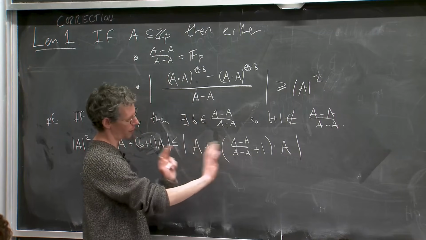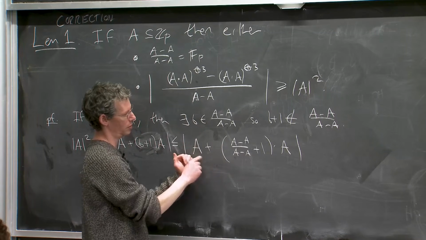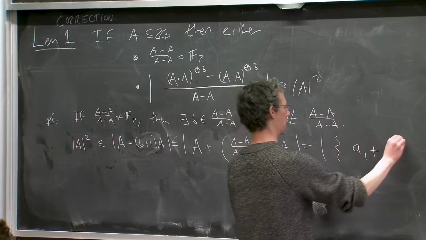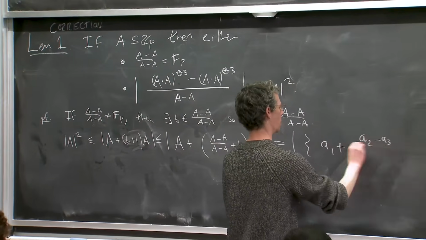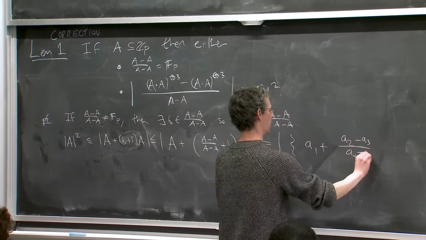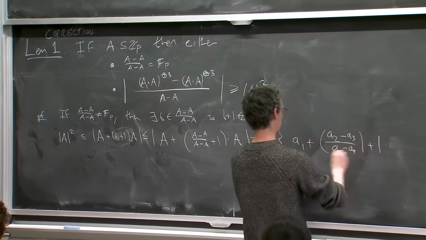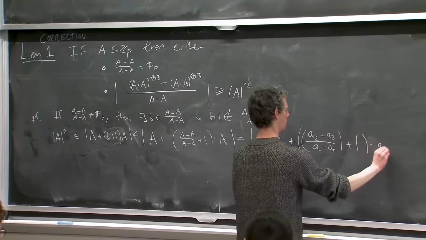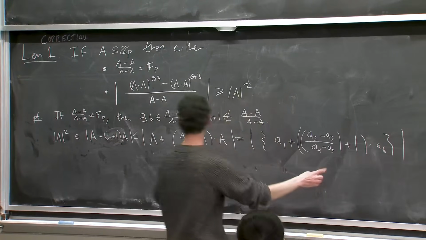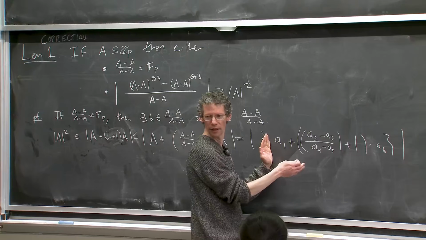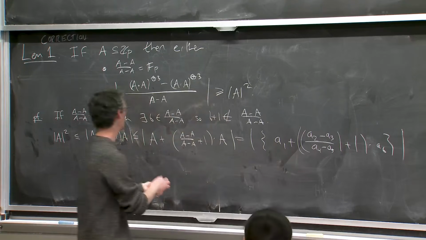That's not right. I just want to do something very simple. This is a set of A1 plus A2 minus A3 over A4 minus A5 plus 1 times A6. That's just what this means. And then take this thing and put it over a common denominator and expand it out. And all those things you can write this way.